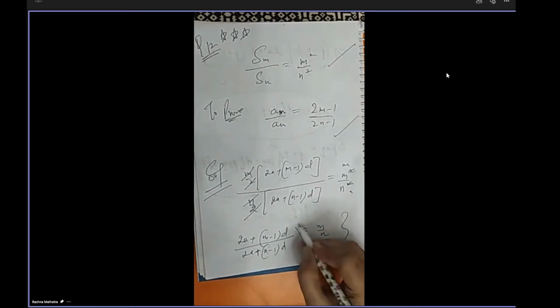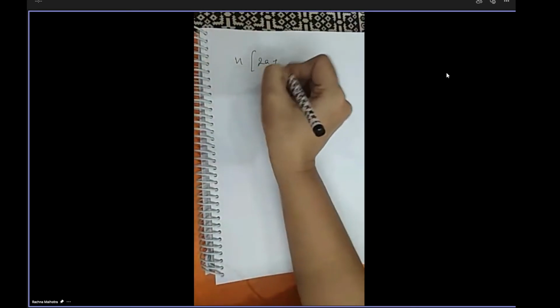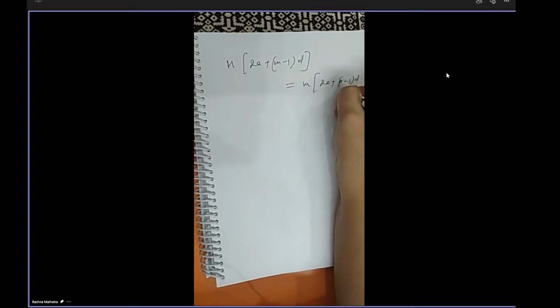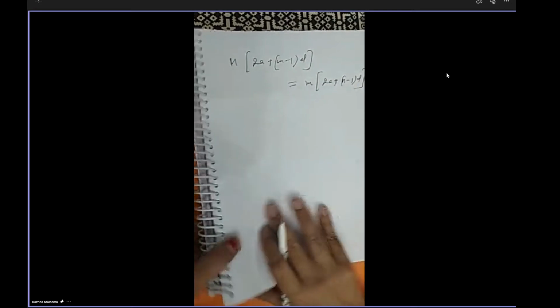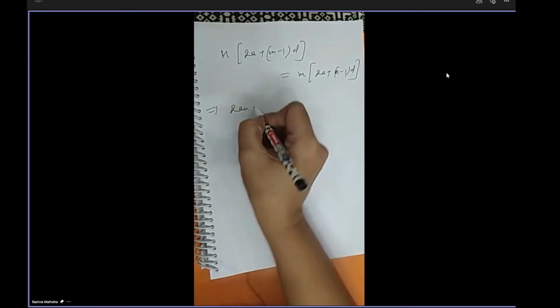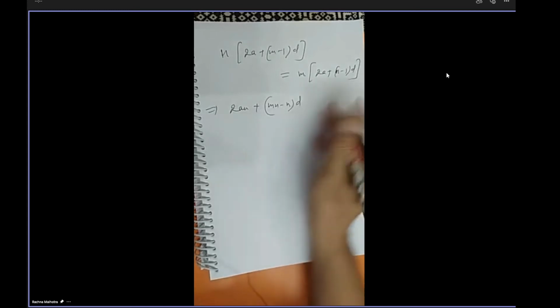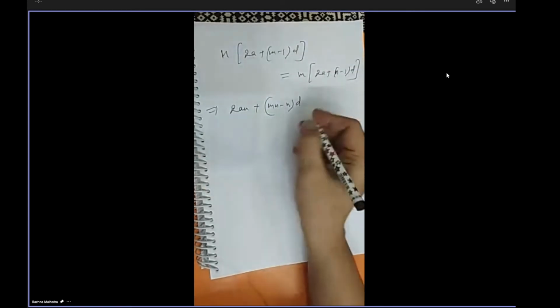So cross multiplication. Just multiply n with this 2a plus m minus 1 d and m with this 2a plus n minus 1 d. Now just multiply: 2an plus mn minus nd. Shift all the terms to the left hand side also.